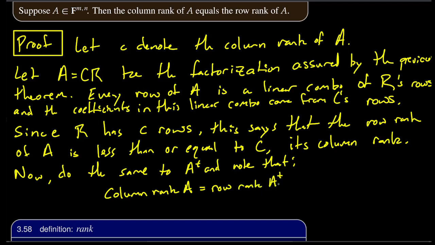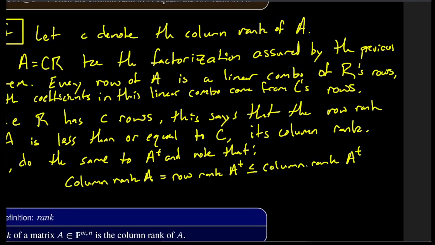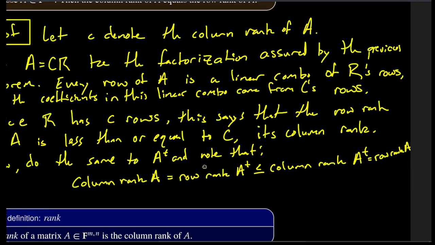The rows of A transpose are just the columns of A flipped sideways. Okay, but the row rank of A transpose, doing the exact same logic, is less than or equal to its column rank. But hey, the column rank of A transpose is equal to the row rank of A. So the column rank of A is less than or equal to the row rank of A.